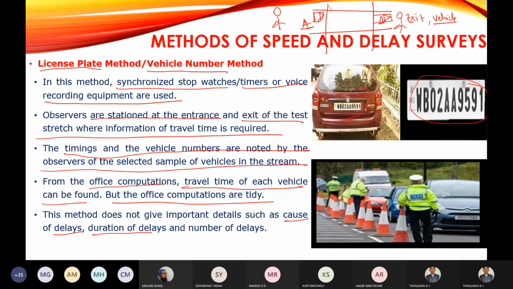It looks simple, but analyzing the data is very complex, and this method will not provide causes for delay, duration of delay, and number of delays. But in the floating car method, we can get the cause, duration, and number of delays. This is about the license plate method.